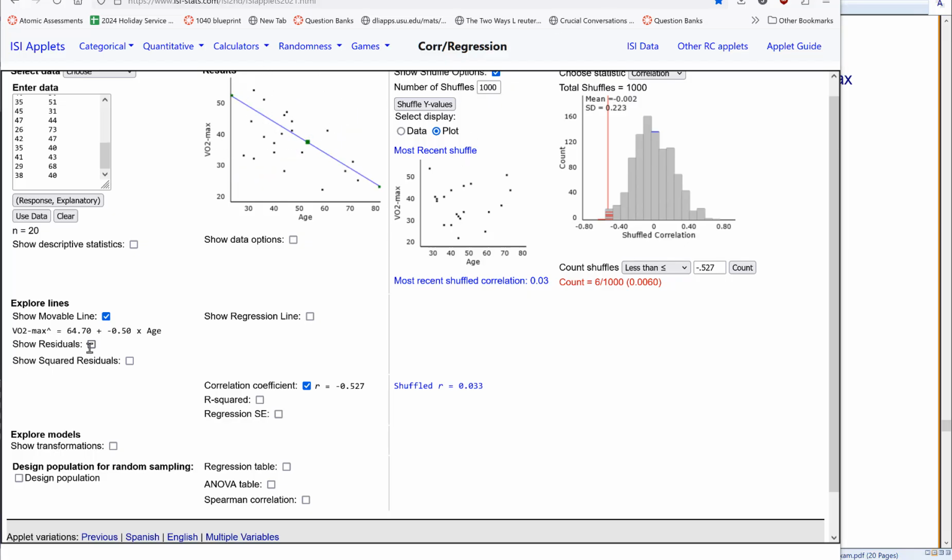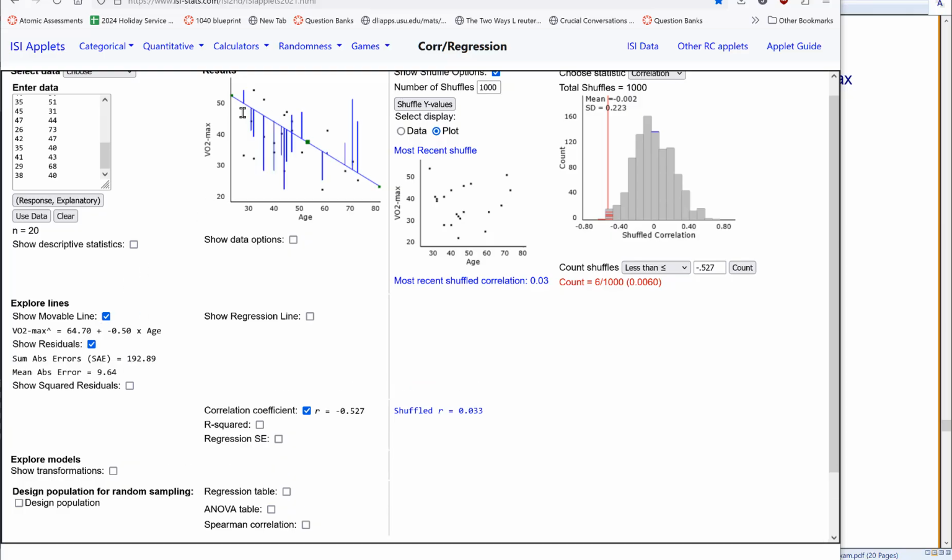Now I can click show residuals. So remember, your residual is the distance from each point to the line. What I want to do is minimize these residuals. I want my line to be as close to as many points as possible. But the problem is this one's negative and this one's positive, and those will cancel each other out. So what I actually want to do is square each one of these. And when I square each one, I'll get a sum of squared errors.